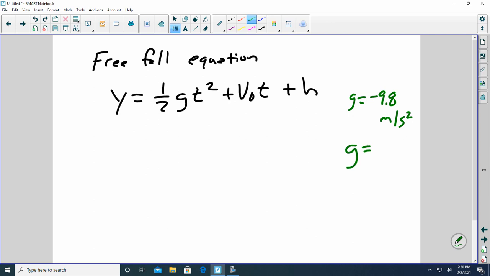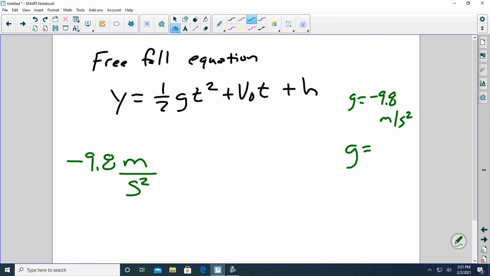Some people might say it's, well, let's do our dimensional analysis. Did anyone ever do this? Let's convert this into feet. Still have your phones out, I hope. I see them on your desk, so I know they're there. My friends, I want to convert this from meters per second squared.